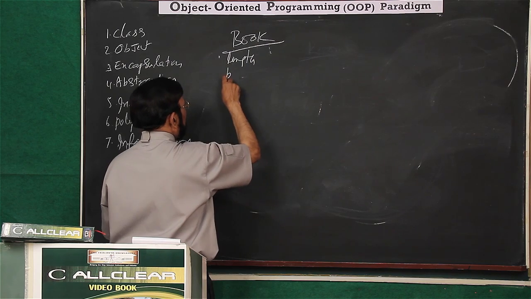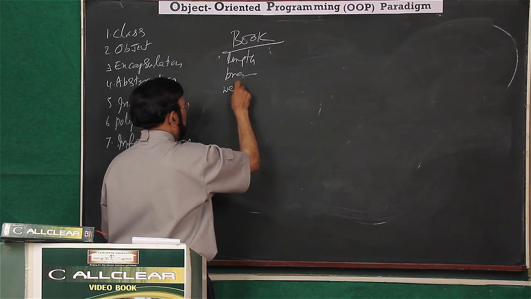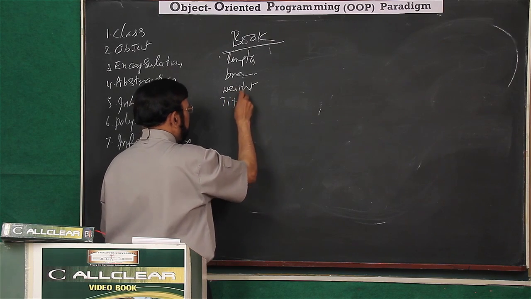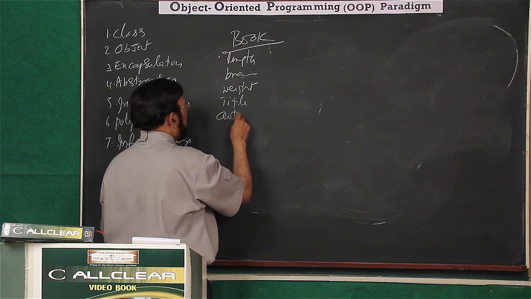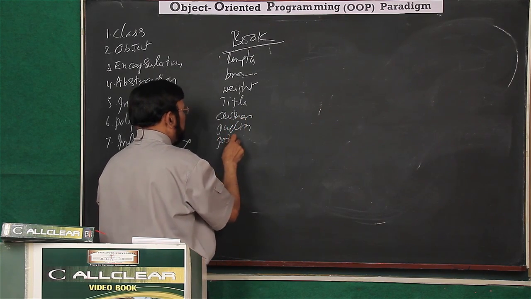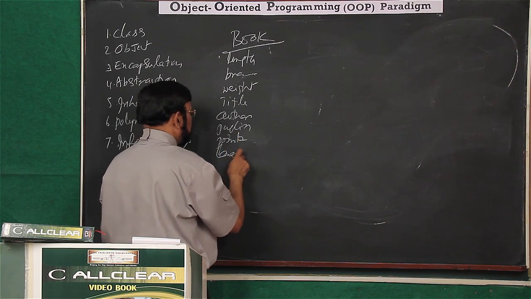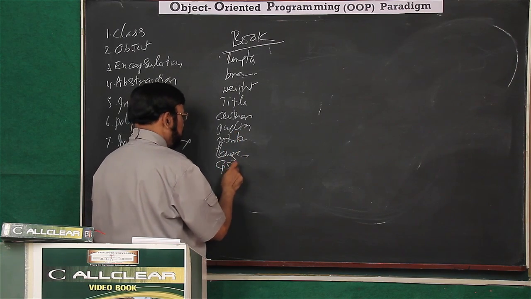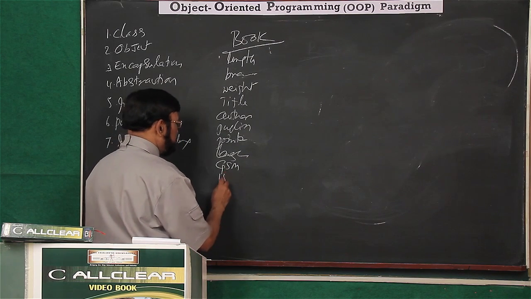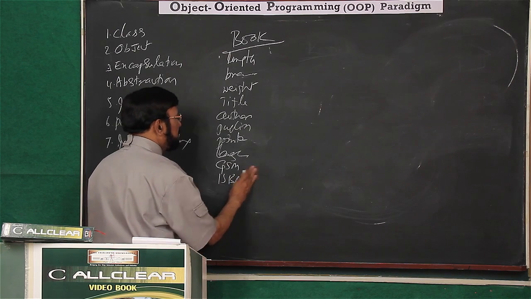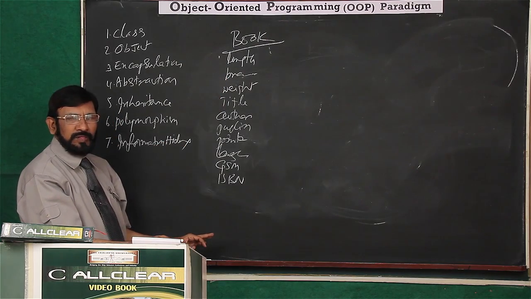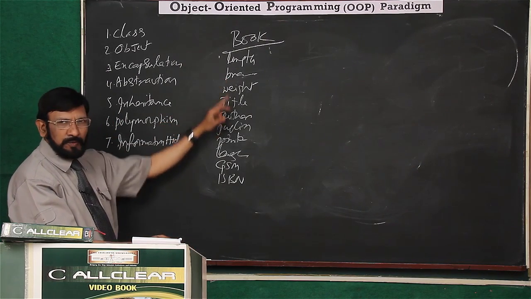Length, breadth, weight, title, author, publisher, printer, language, GSM, that is paper thickness and quality measured in GSM, ISBN number, like that. If you list out all the features, there are around 20 properties.